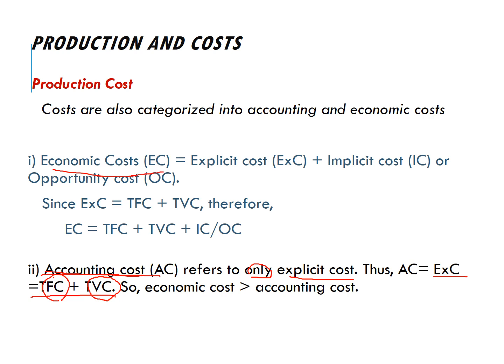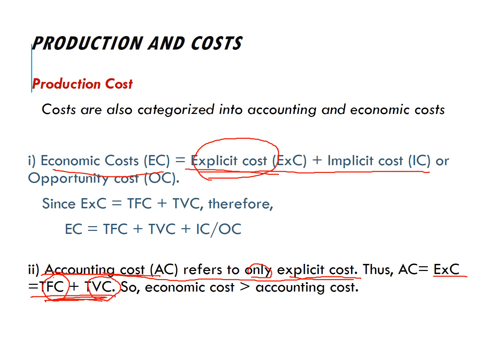Economic cost is the explicit cost plus implicit cost. So explicit cost just now is accounting cost, right? Accounting cost refers to explicit cost. So explicit cost is the accounting cost, or total fixed cost plus variable cost.